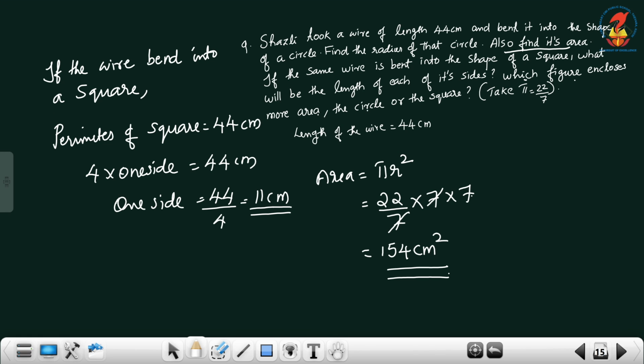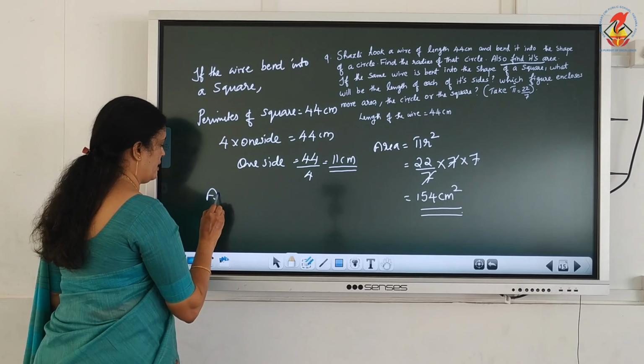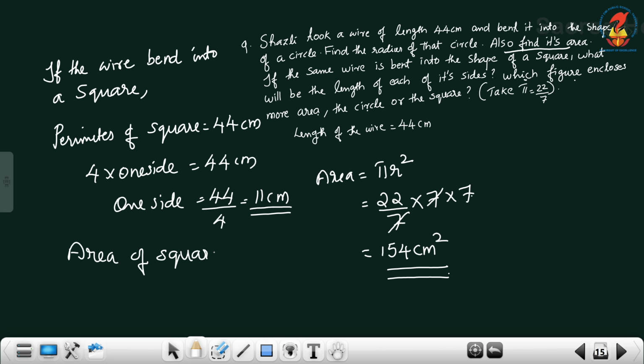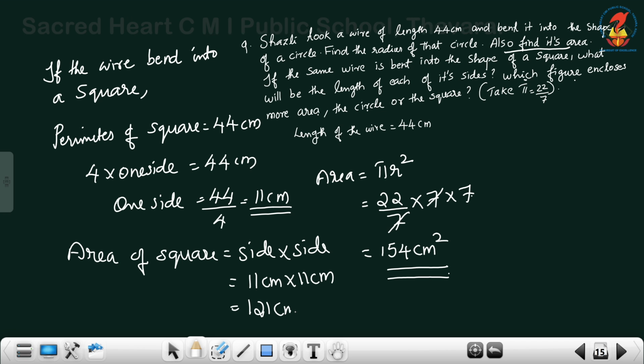Which figure encloses more area, the circle or the square? We have to calculate its area also. Area of square equal to side into side, equal to 11 centimeter into 11 centimeter equal to 121 centimeter square.